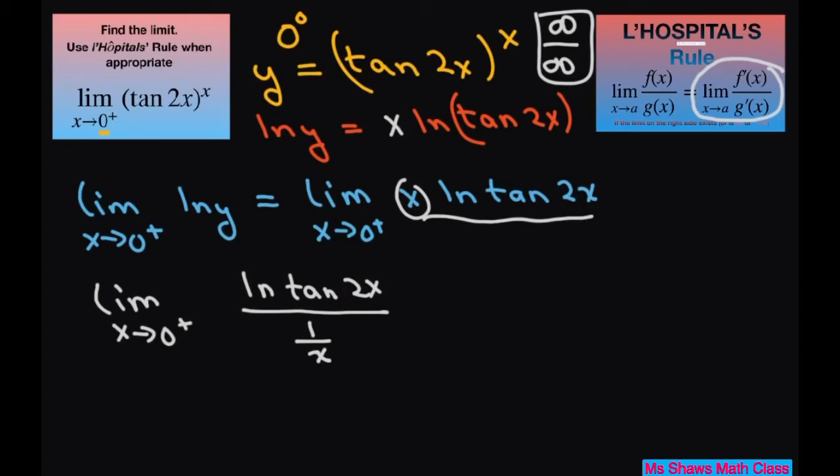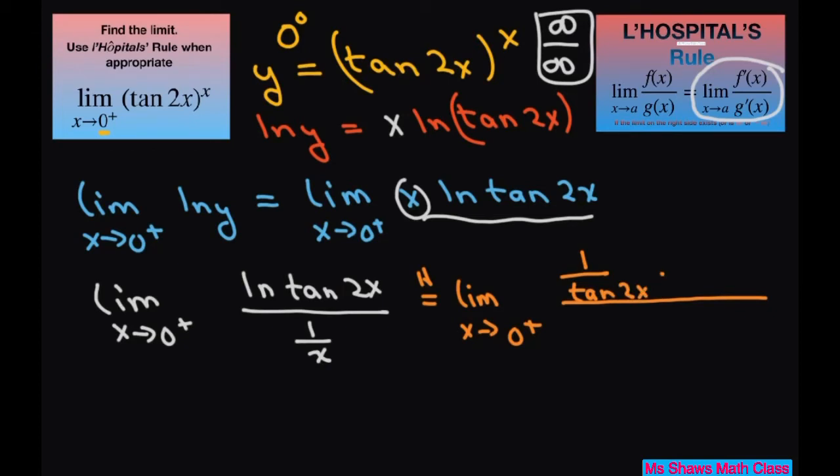So let's do that. We're going to use L'Hopital's rule and take the limit as x approaches 0 from the right. So for the numerator, we're going to get 1 divided by tan of 2x times the derivative of the inner function.